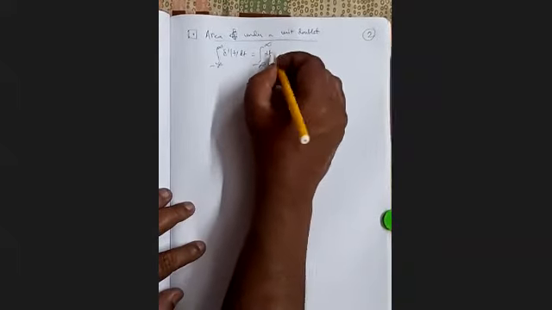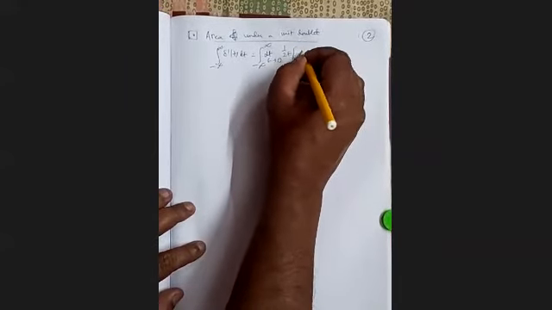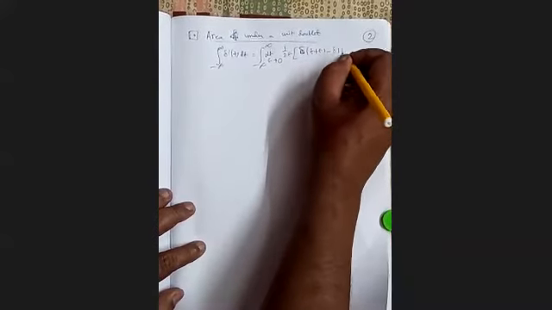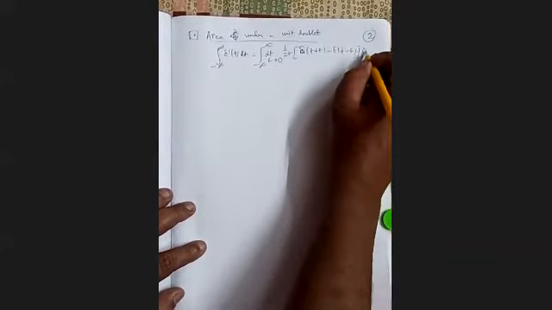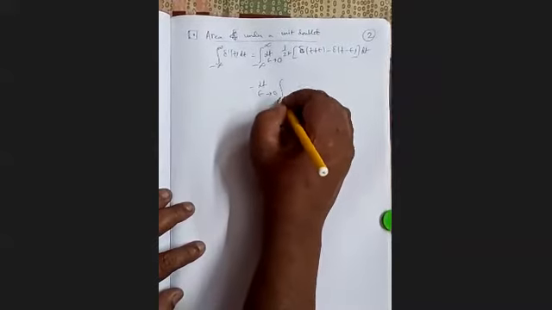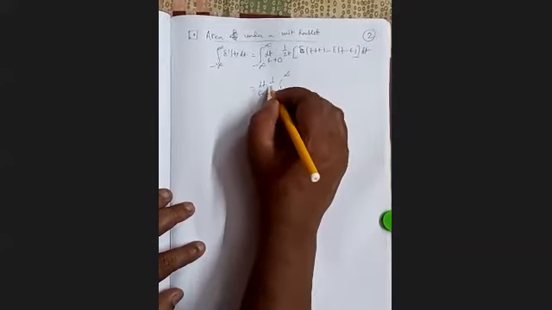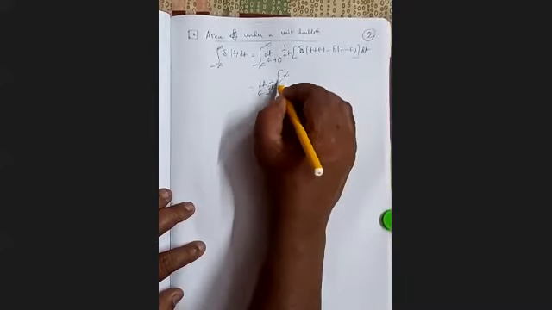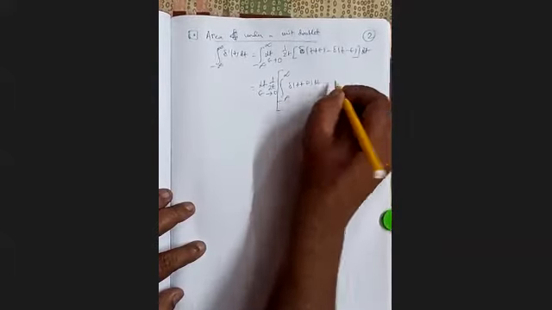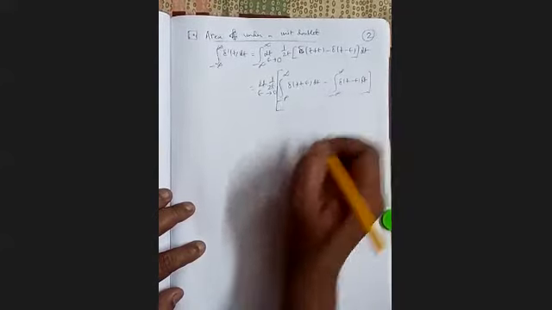In place of delta dash t, we write limit epsilon tends to 0, 1 by 2 epsilon, then delta t plus epsilon minus delta t minus epsilon dt. We take the limit outside, and 1 by 2 epsilon also we are taking outside. Then it will be in a bracket, delta t plus epsilon dt minus delta t minus epsilon dt, its integration.